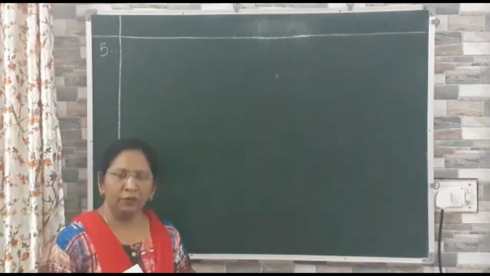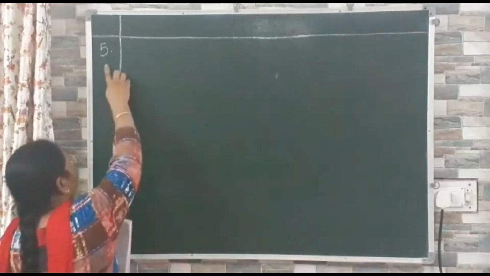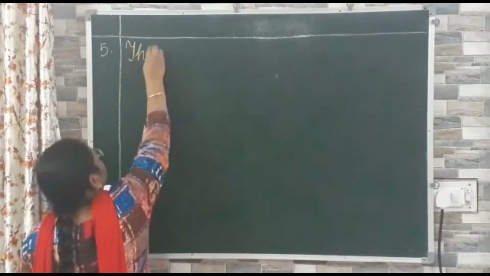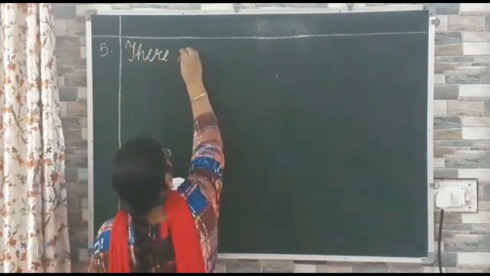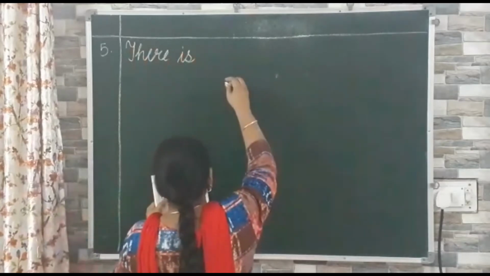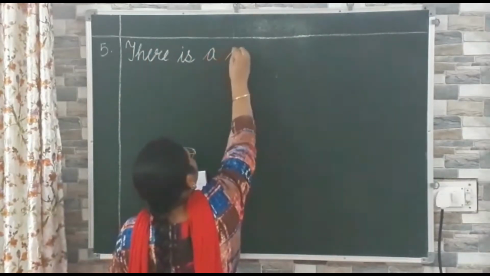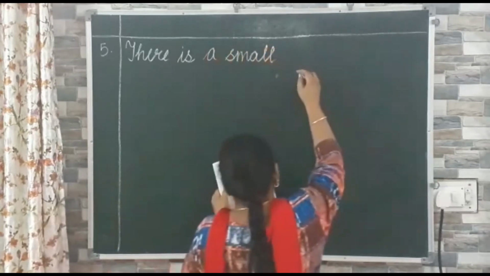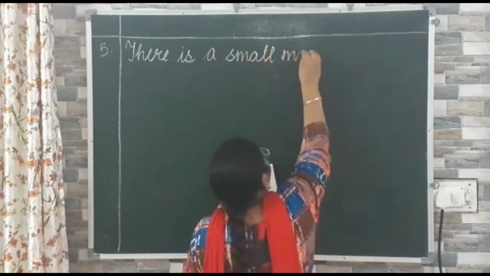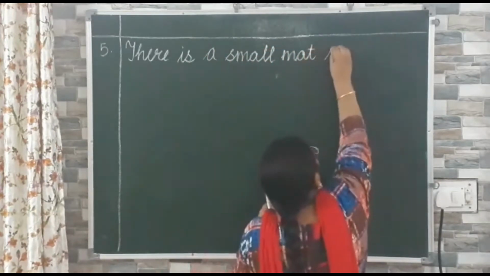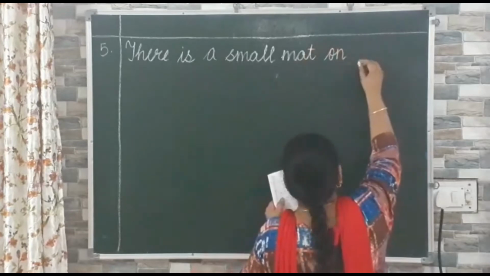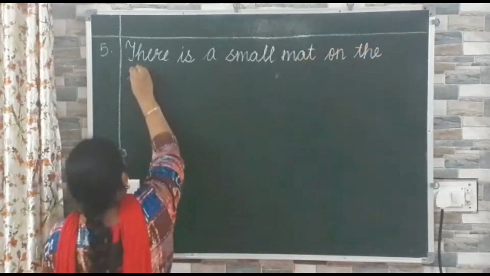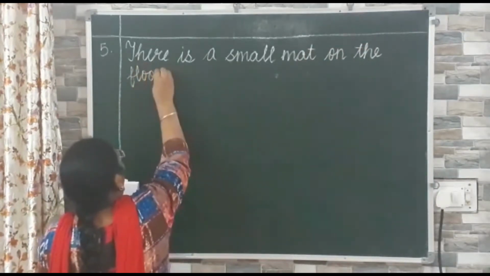Okay. Now turn the page and take out a new page. Write down number 5 in the first line. There is a small mat on the floor.